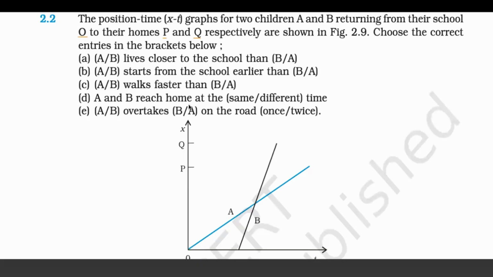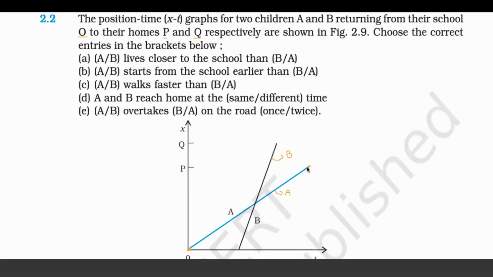In the first question, you have to find out who lives closer to the school, A or B. How do you start? First thing, this blue line is A, and this black line is for B. Now, what does this point represent? A started from O, which means he started from school at time t equal to 0. He started going home.